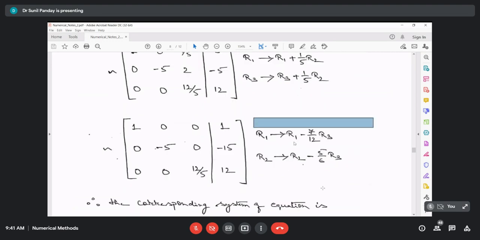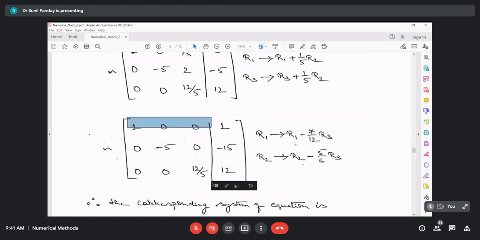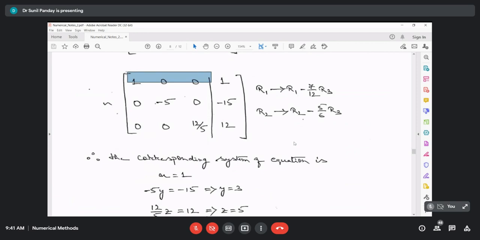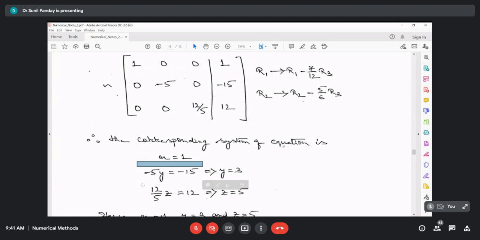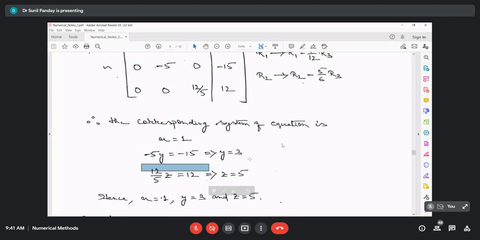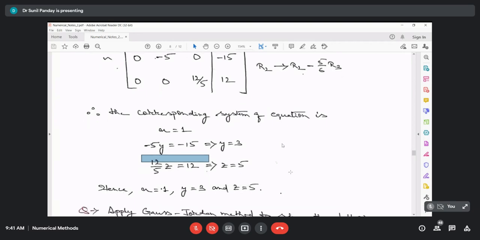So using elementary row operations only, you have to reduce the A matrix of the augmented matrix into its diagonal form, and then rewrite your system of equations from the reduced form. If I write the system of equations, I will get x equals 1, minus 5y equals minus 15, and 12 upon 5 z equals 12. I will get x equals 1, y equals 3, and z equals 5.